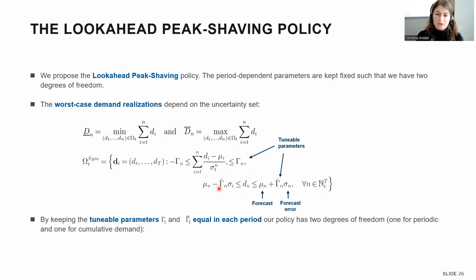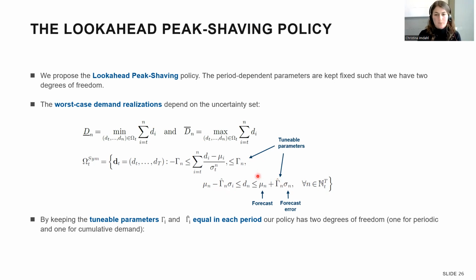So these gammas do not vary per n anymore, but are only 2 parameters. And these 2 parameters we use as tunable parameters, so in the end we have 2 degrees of freedom.